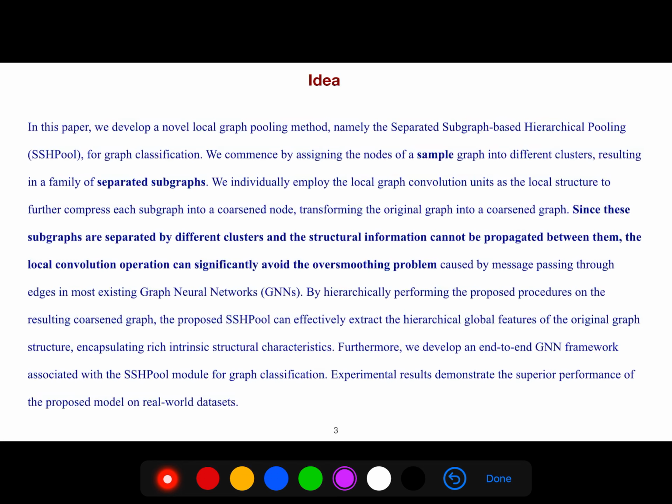Since these subgraphs are separated by different clusters and the structural information cannot be propagated between them, the local convolution operation can significantly avoid the over-smoothing problem caused by message passing through edges in most existing graph neural networks.